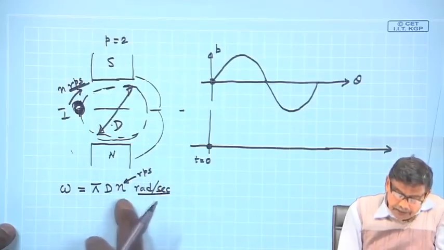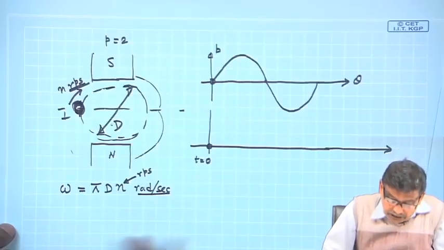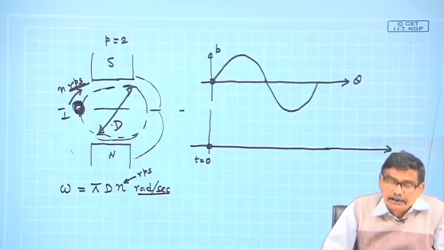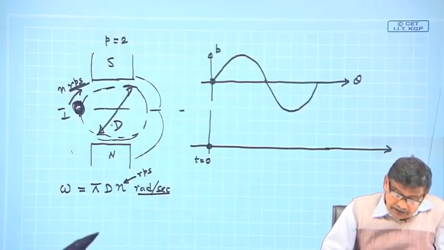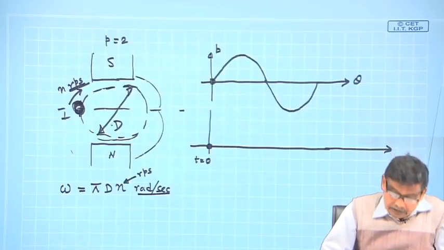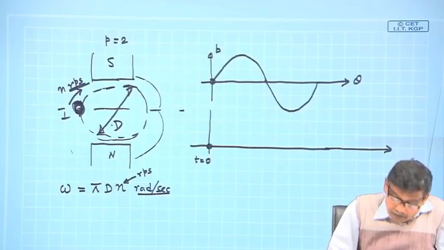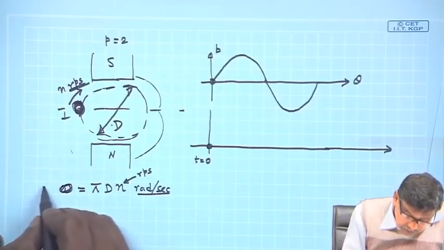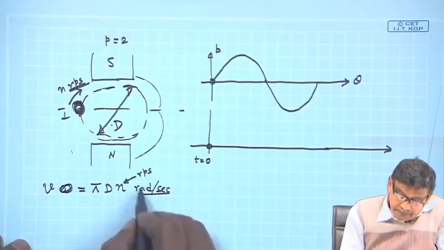You multiply by pi d n, because in one rotation it covers a distance. V is equal to pi d n, I am so sorry, V is equal to pi d n.